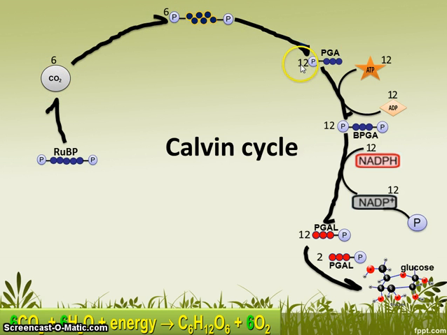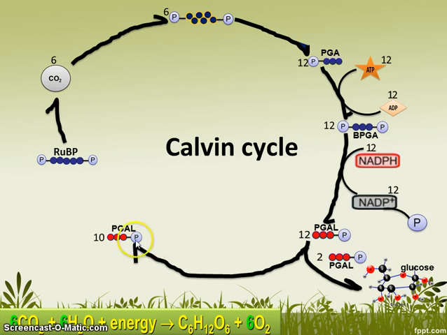You'll have 12 PGAs, 12 BPGAs, and 12 PGAL. 2 will be used to make a molecule of glucose, and you'll be left with 10. So 10 PGAL molecules will then be utilized to make RuBP, with ATP phosphorylating it into RuBP.